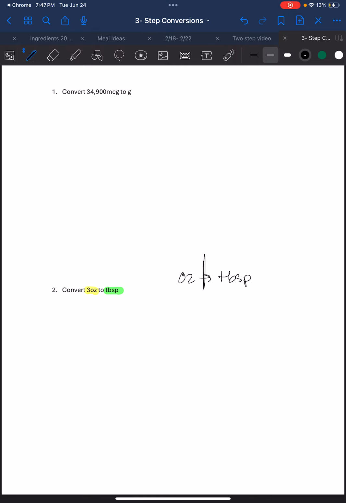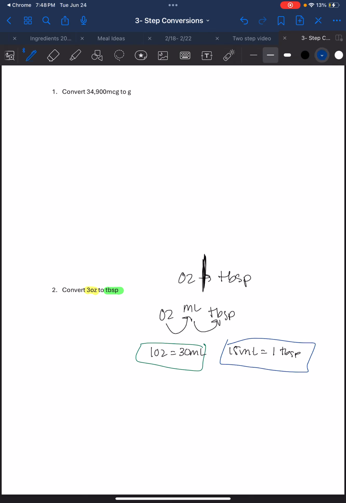So we're going to have a third step here. We're going to go from ounces to mLs to tablespoons. So 1 ounce equals 30 mLs, and 15 mLs equals 1 tablespoon. These are the 2 conversion factors we're going to have to use. This is number 1, and this is number 2.